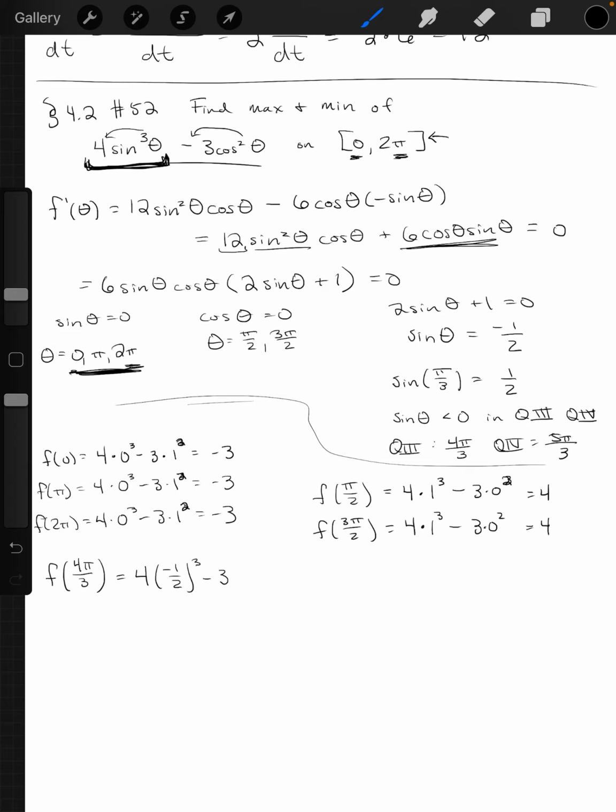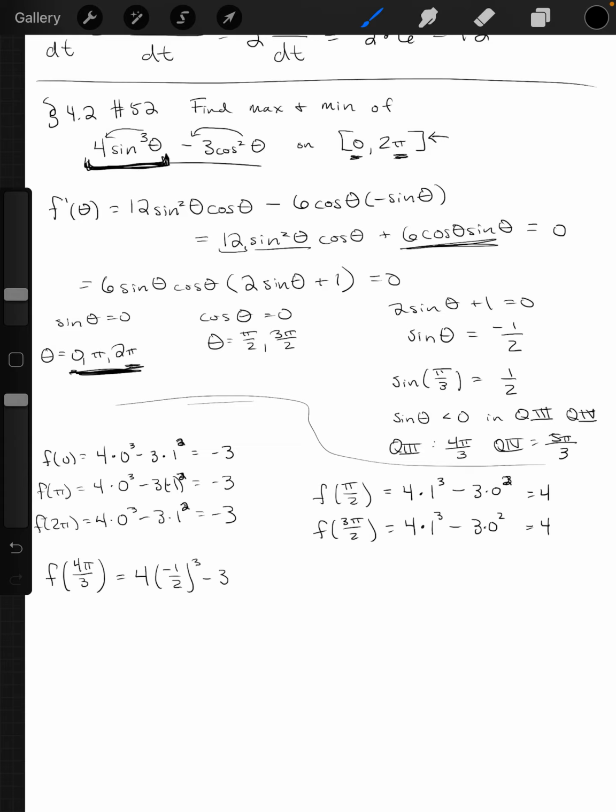Now, if sine is plus or minus 1/2, then cosine is going to be, oh, I just realized something. This is not actually going to be positive 1. It's going to be negative 1 there, right? But we square it rather, so it becomes positive, so we still get negative 3 there, right?